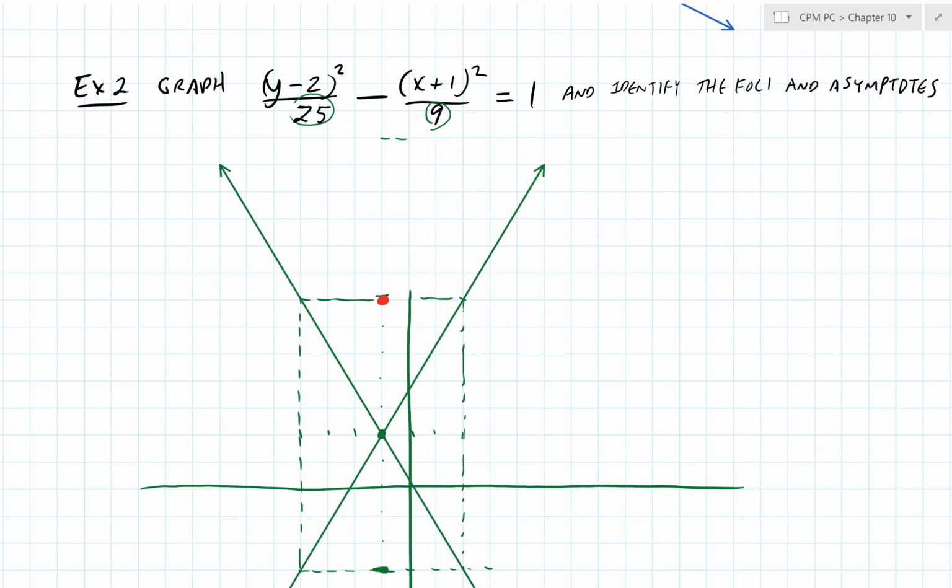Since the y squared is the positive term, it's going to go in the y direction.